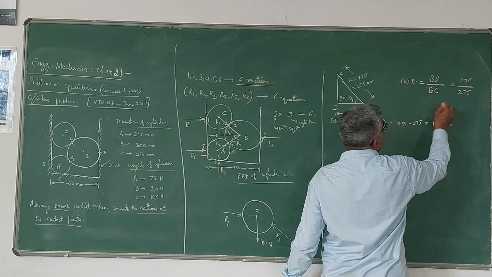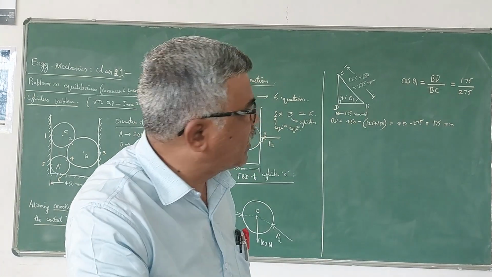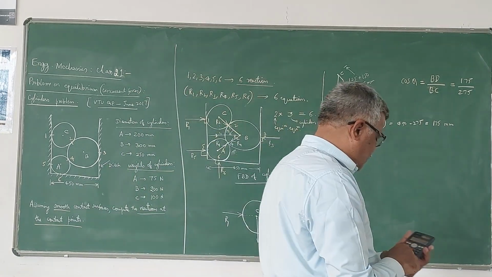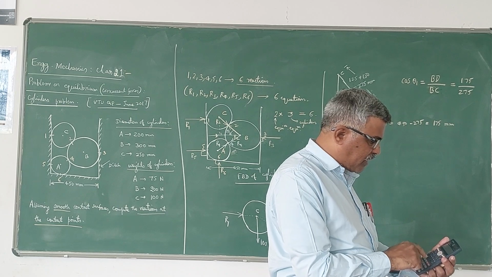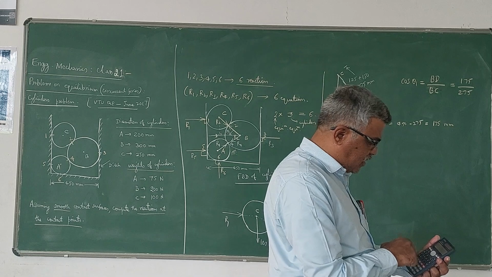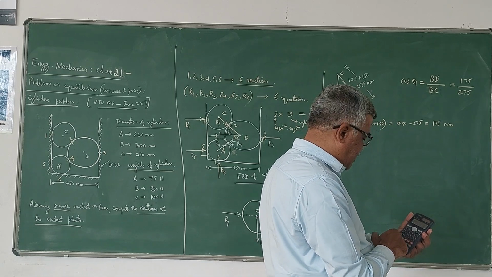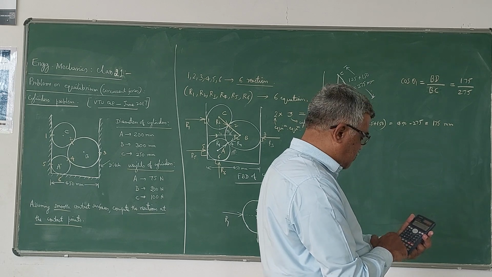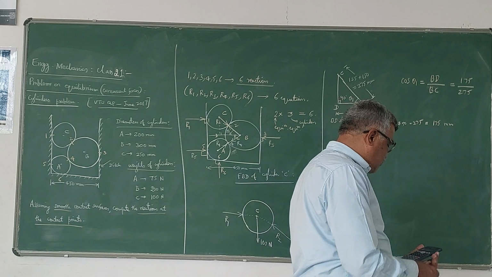Therefore, theta 1 is cos inverse of 175 divided by 275, which from the calculator is 50.48 degrees.